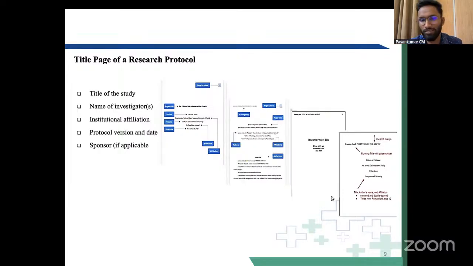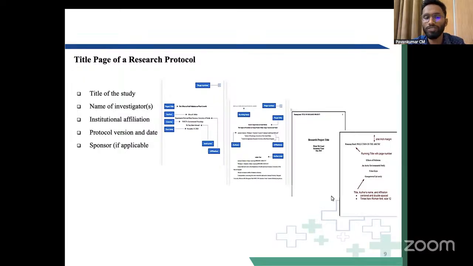We give our name, and also the guide's name, and any other people, industry persons or laboratory persons who collaborated with us, helped us, and contributed equally like us, and we share authorship with them. And here, in a research protocol, we mention our name as the investigator, and we also have to mention the institutional affiliation.